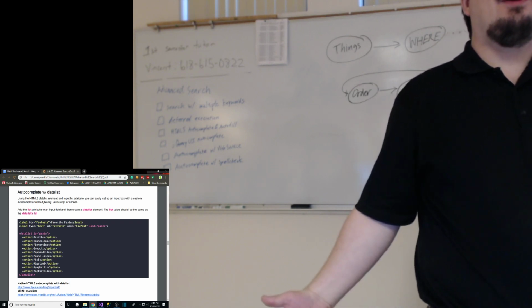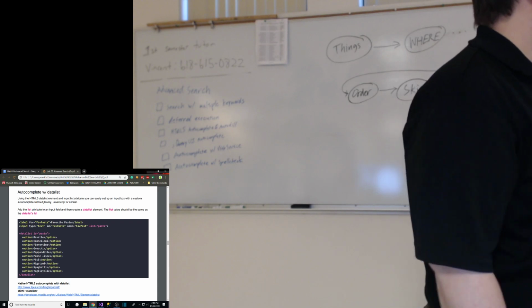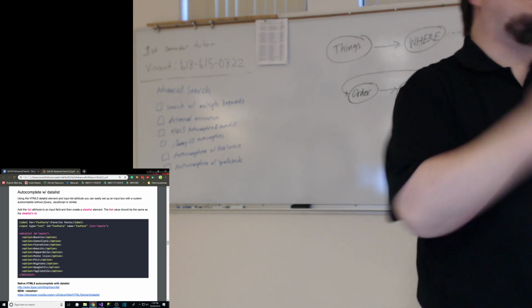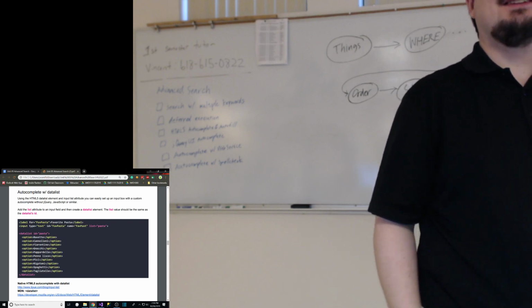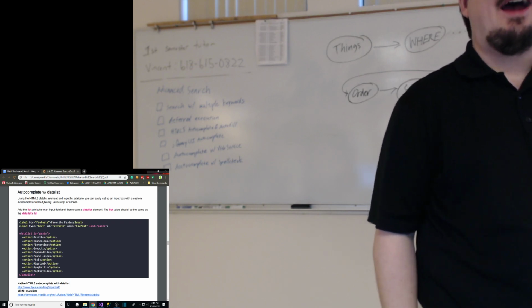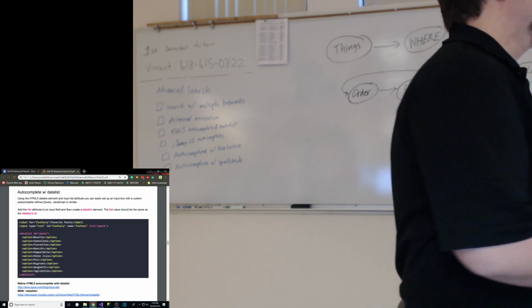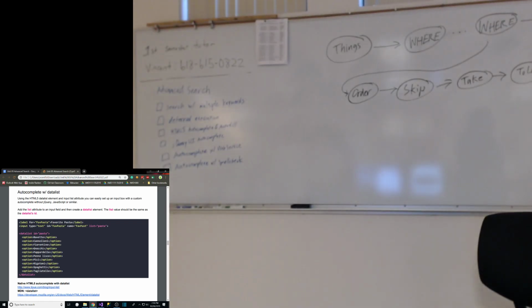If I want your favorite pasta, well, I'm not going to get some good autocomplete from the browser. It's not going to have support for that. So if I want to have autocomplete for your favorite pasta, I'm going to need to do that myself.